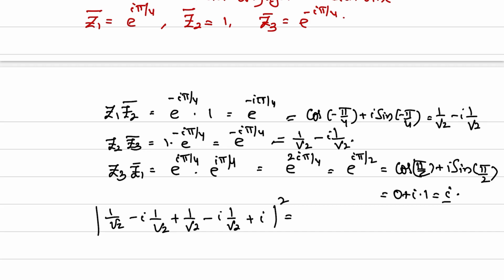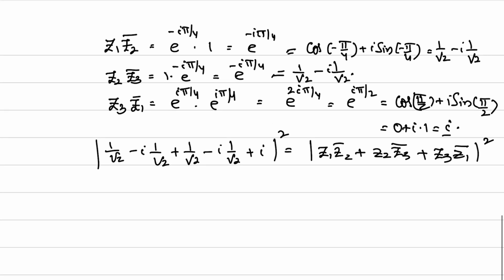This is equal to the modulus of Z1 Z2 bar plus Z2 Z3 bar plus Z3 Z1 bar, whole square. Therefore, this value will be 1 by root 2 plus 1 by root 2. When you add the real values, this will be 2 by root 2.